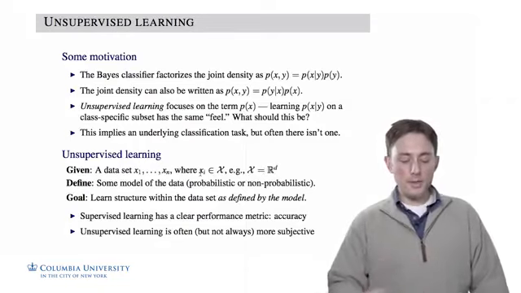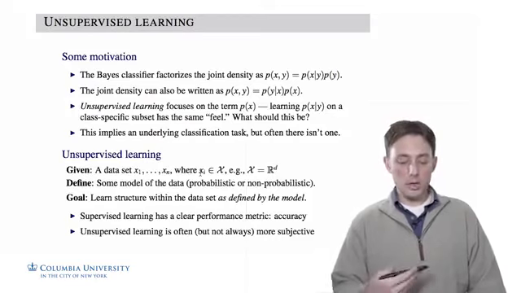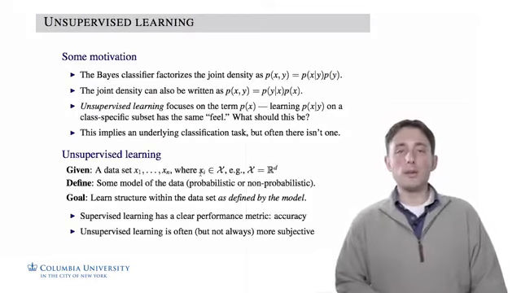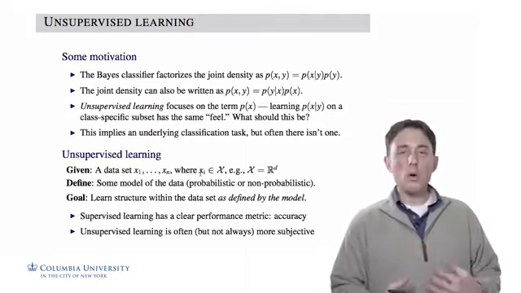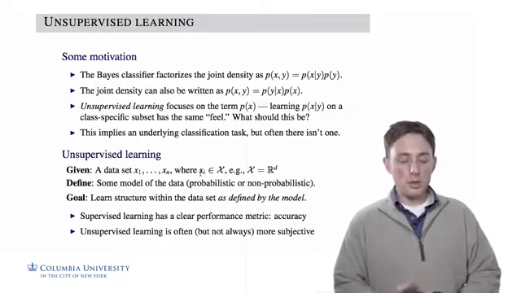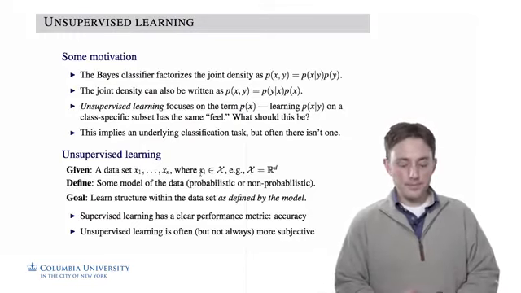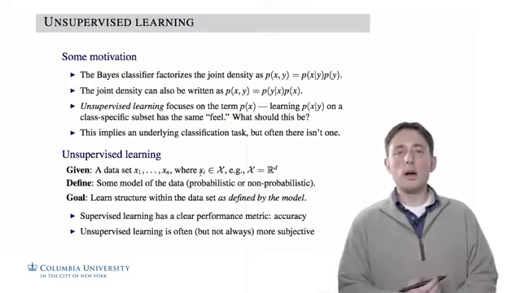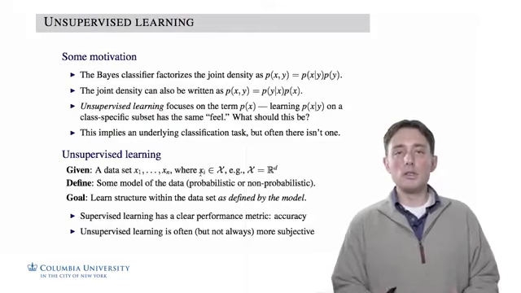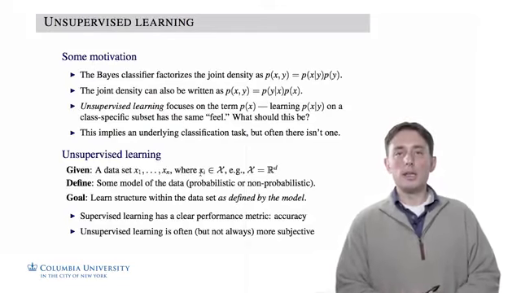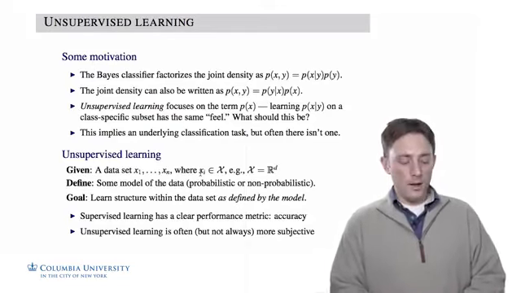Now we're going to define some model, either probabilistic or non-probabilistic, on x only. And the goal that we are now going to have is to learn through this model the structure underlying this data set. So learn what's going on with this data set, learn what are the statistical properties of this data set, et cetera, et cetera.